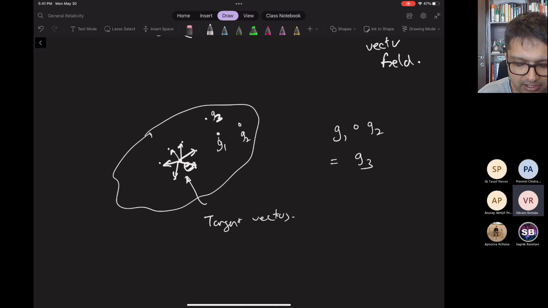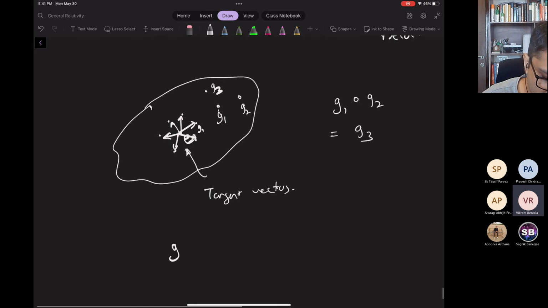These are called small group elements, which are group elements close to the identity element. The coordinates of those small group elements, I can think of as taking a displacement by an amount epsilon in some particular direction.